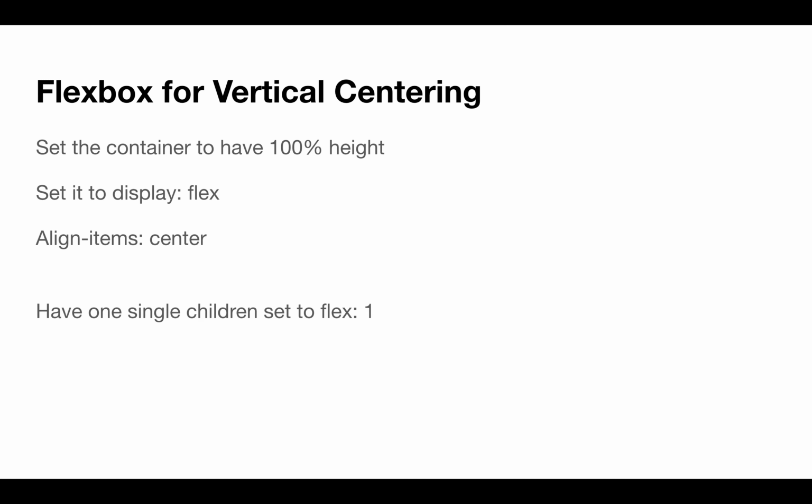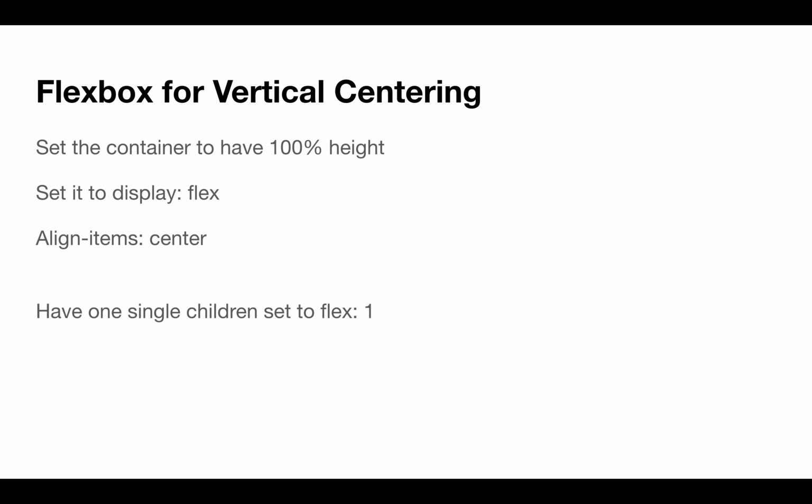So the first thing we're gonna do is we're gonna have a container that is set to display flex. We're gonna set it to have a 100% height so that it occupies the maximum height of its own container. So that way, even if we don't know how tall it's supposed to be, it's going to get as tall as it has to, right? That said, we're gonna set it to display flex, and we're gonna say that it's gonna align its items to center.